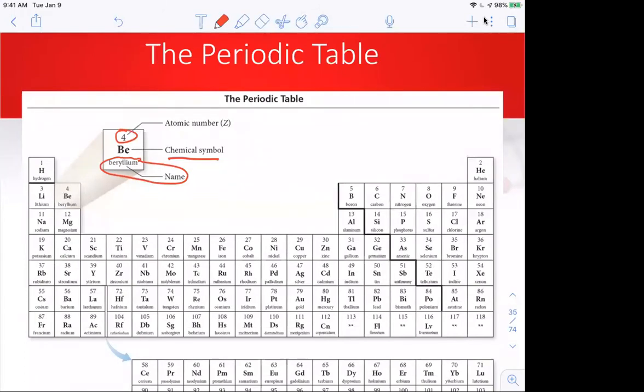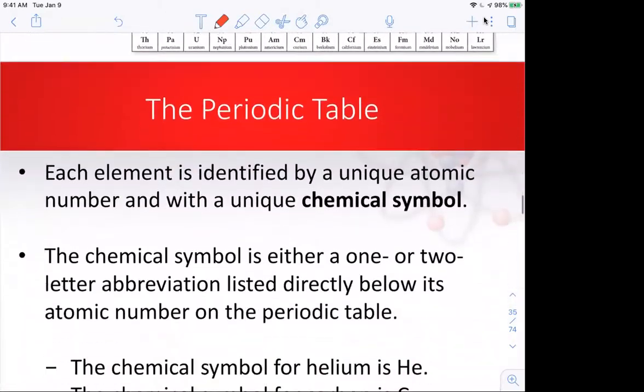I don't quite see the point to that because you can always have a periodic table at your disposal. So the periodic table that you're going to use is going to look something like this. Since it's an online class, periodic tables that you can find on the internet will have varying information and may be formatted a little bit differently. But I always have the atomic number, the chemical symbol, and usually the name also.